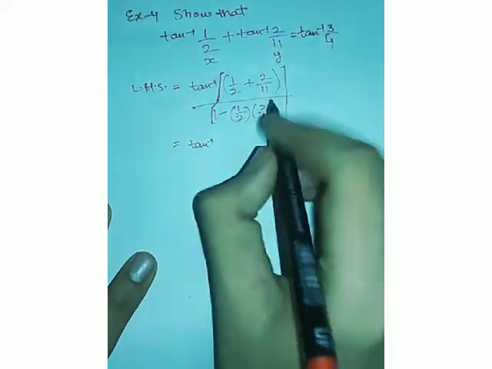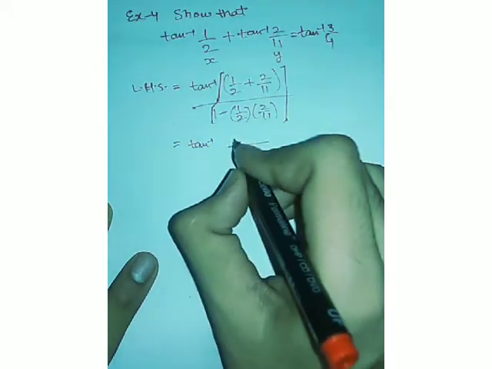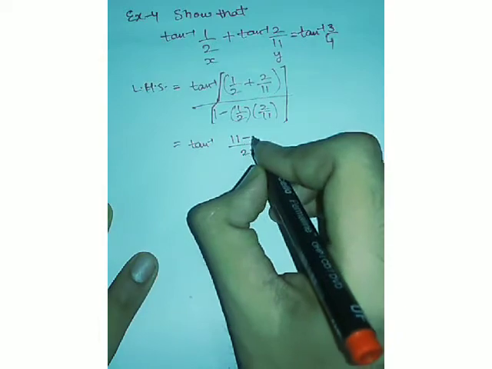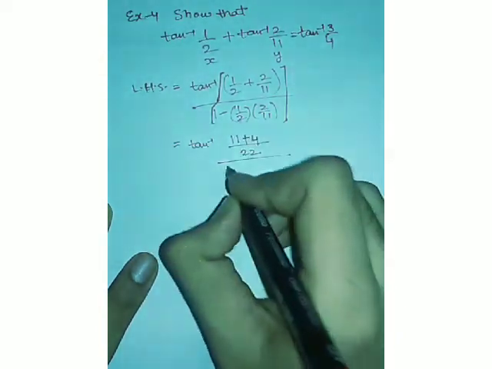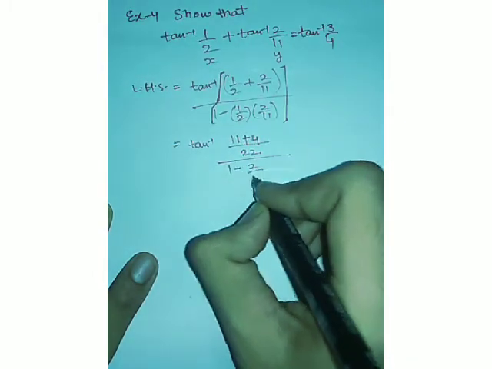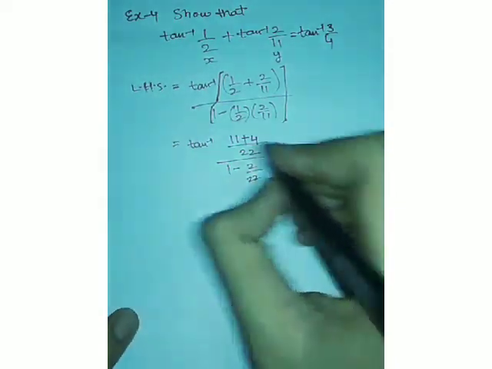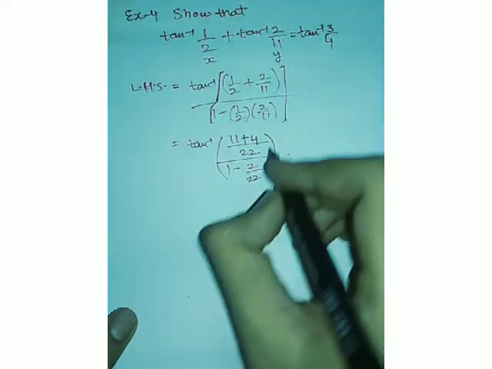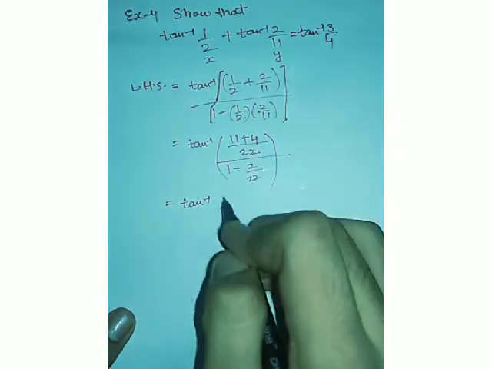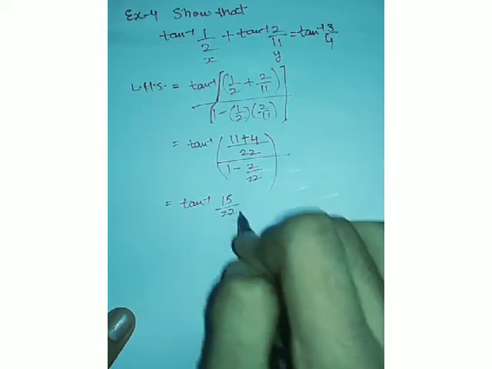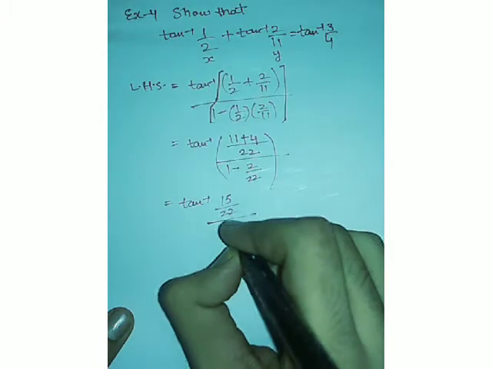So tan inverse, now take the LCM, as you can see it's 22, and then you can write 11 minus 4, 11 plus 4, and upon 1 minus 2 upon 22. You can see 22 minus 2. So we'll form one more step, that is tan inverse 11 plus 4, that is 15 upon 22, then upon 22 minus 2, that is 20 upon 22.